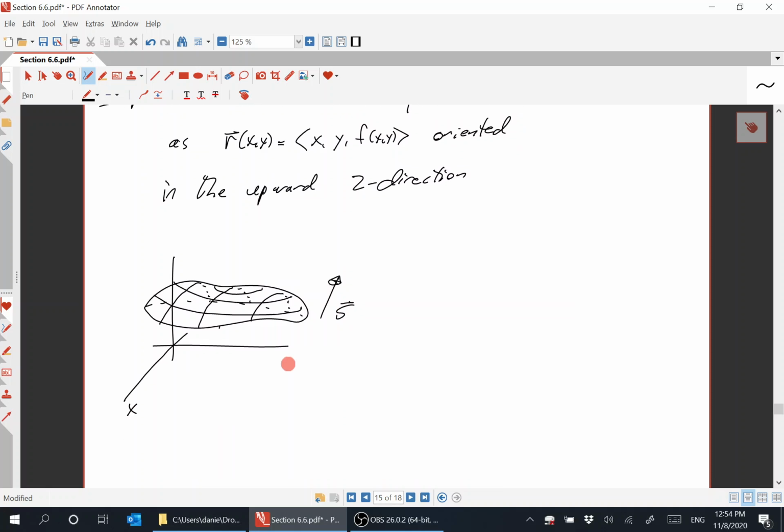Okay, well, if this is the x-axis and this is the y-axis, then the partial derivative of r with respect to x is in this direction, because it's with respect to x, and the partial derivative of r with respect to y is in that direction. So, like, here would be rx and ry.